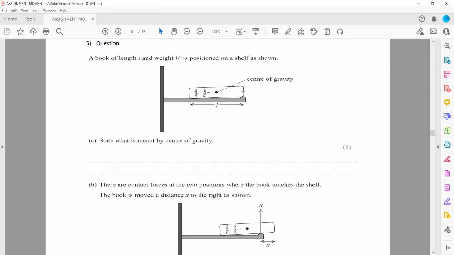Now, this one is R, and this one is W. When we did not move the book, as you can see, the approximate distance is there from the point. This is the point of rotation, or a pivot. So the total clockwise moment must equal the total anti-clockwise moment.